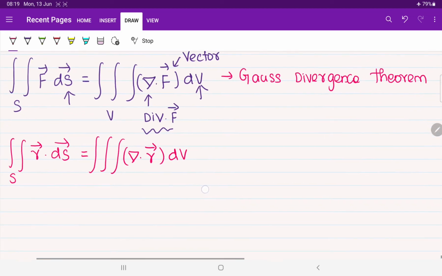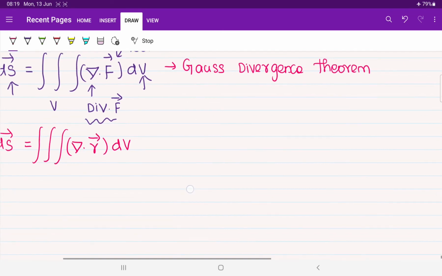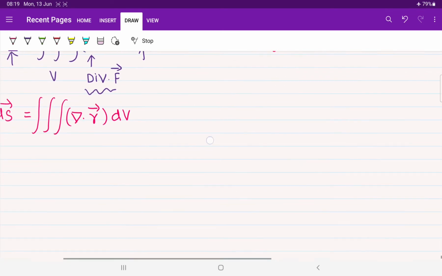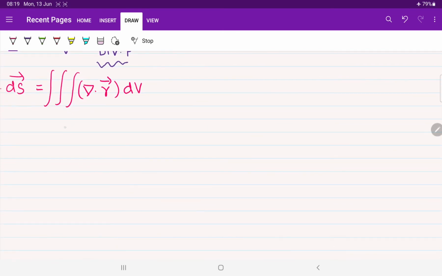Fine, sir. So from here, for the position vector, we identify the divergence of R vector. We know R vector can be written as x times i vector plus y times j vector plus z times k vector.